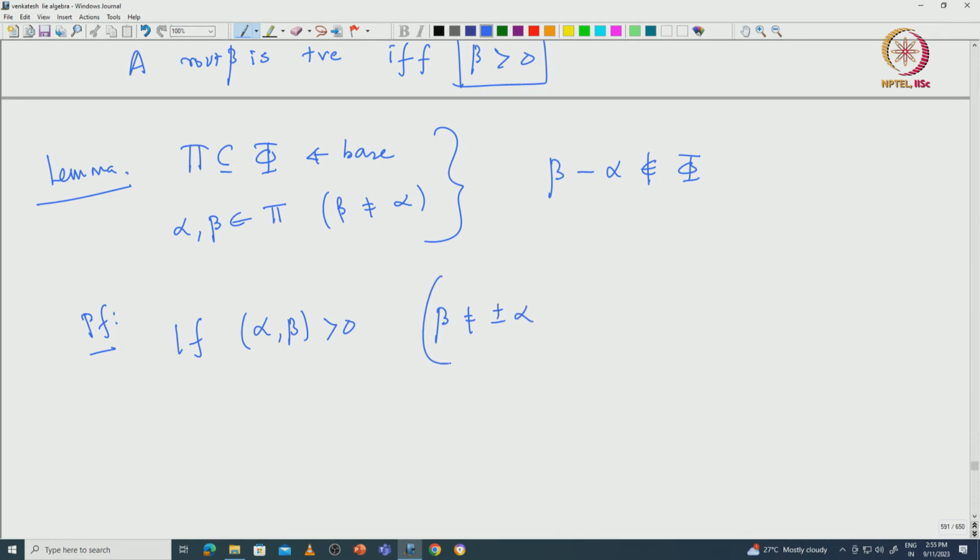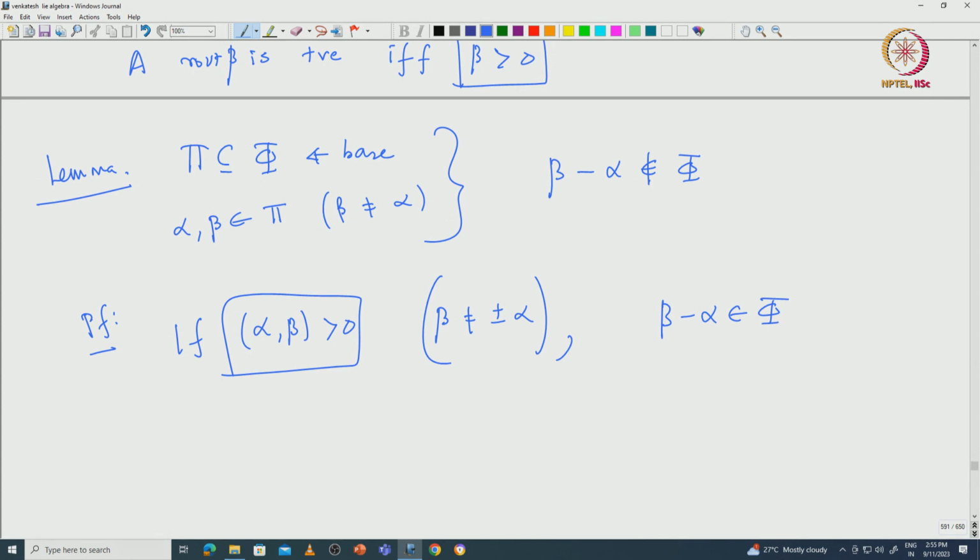This is something we already have. Then, using the earlier lemma that we proved, whenever the inner product is positive, that immediately implies that alpha minus beta or beta minus alpha is a root. So, using our earlier result we can see that beta minus alpha is a root.